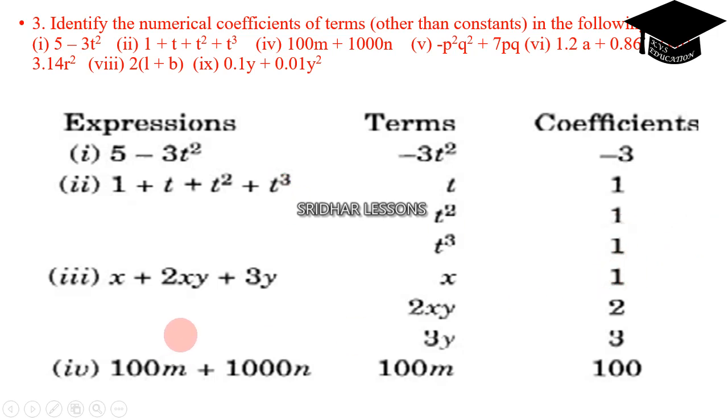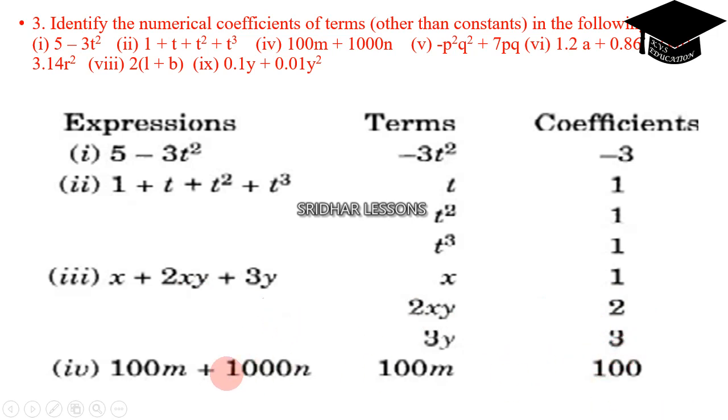Next expression, third one, x plus 2xy plus 3y. Here the terms are x, 2xy and 3y. The coefficients are, for x it is 1, for 2xy it is 2, and for 3y the coefficient is 3.